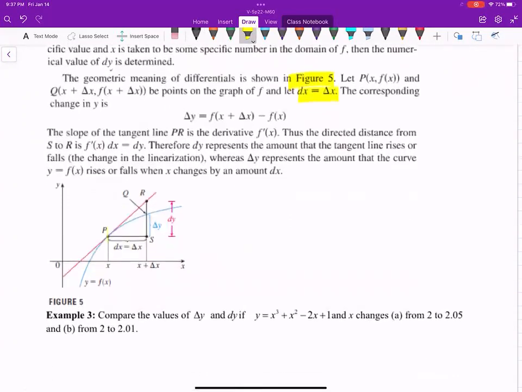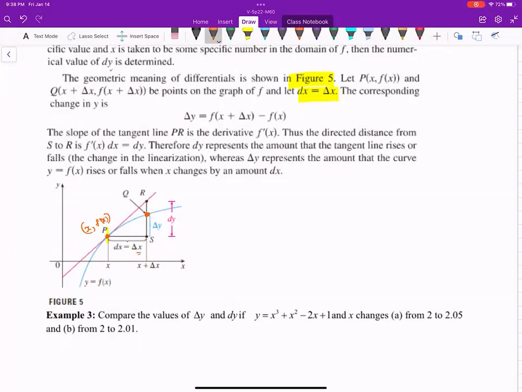You're taking two points, P and another point Q. So P has coordinates, let's say, x, f of x. And then you're moving to the right through a distance of delta x.